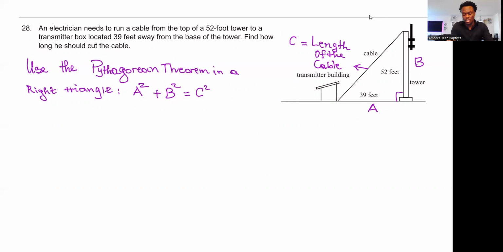Depends on what they ask me to find, but the relationship of the sides of the triangle, if it's a right triangle, will be this, where we have the longest side of the triangle, which is called the hypotenuse.